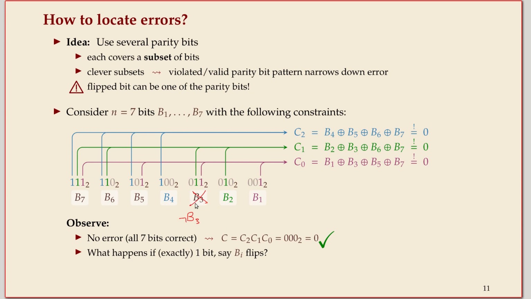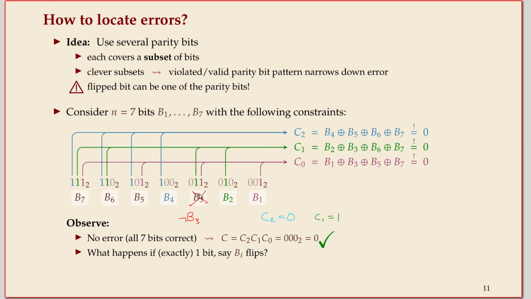This bit is not used in the blue part, so if this is the only bit error, C2 will still be 0. But this bit is used in the green part, and it used to check out to 0 before, but now we compute the XOR of the negation here. So obviously C1 will be flipped too.